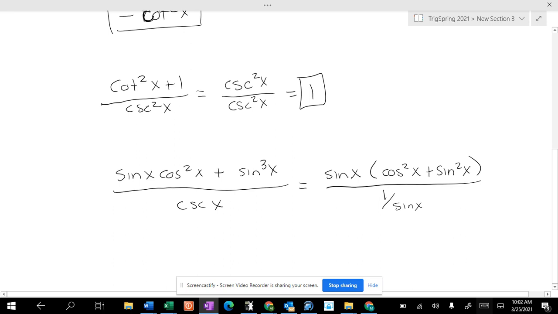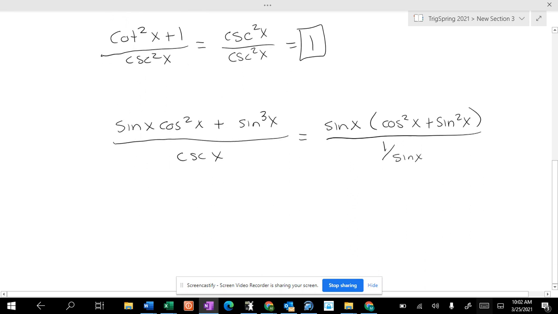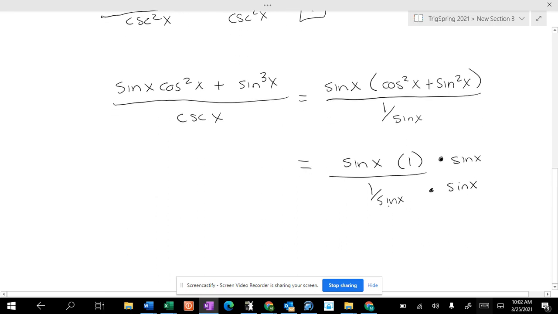Didn't cosine squared plus sine squared equal 1? Yeah, exactly. So you have sine of x times 1 over 1 over sine of x. I know you guys said last step, let's do it on this step. Then we're going to multiply both top and bottom by sine of x. So these cancel, and we get sine squared of x.